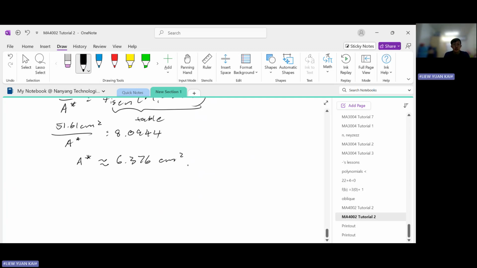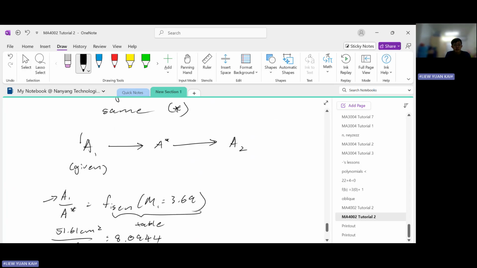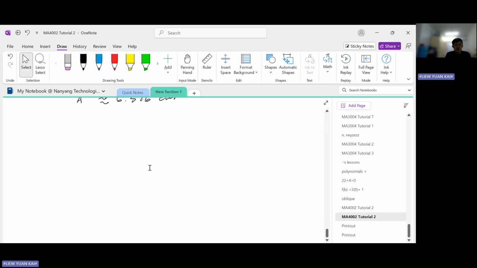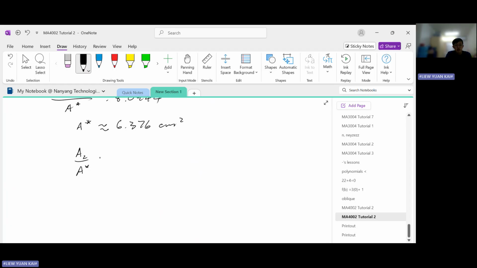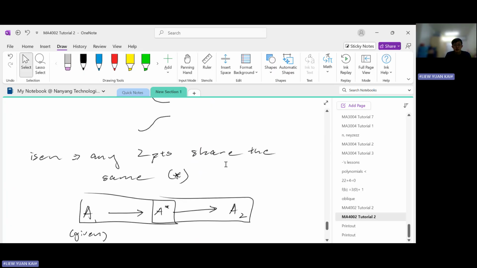Now, let's go back here. We've already completed this half of the process. Now we are entering the second half of the process. So how to relate A2 to A star? Take again the area ratio, except now you apply it to point 2. Again, this is a function of your Mach number at point 2. Do we know the Mach number at point 2?